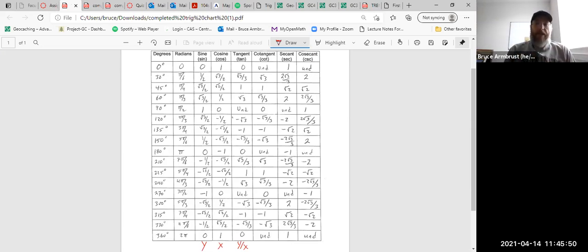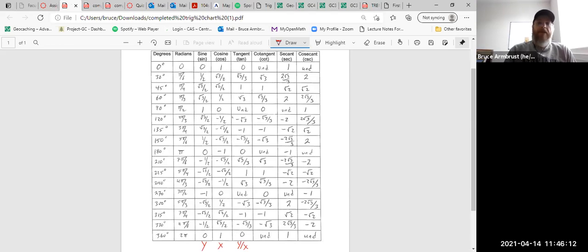It's just these were nice angles. These were angles whose x and y coordinates we could find pretty easily because they come from nice shapes geometrically. And then we bounced into the other quadrants. We went all the way around the circle using the symmetry, and you notice that a lot of things were the same. They just changed signs, plus or minuses.